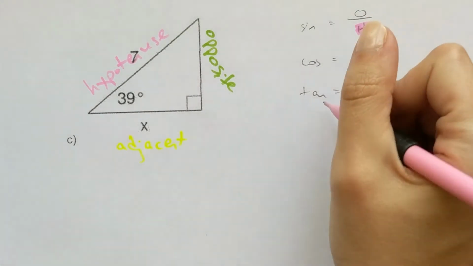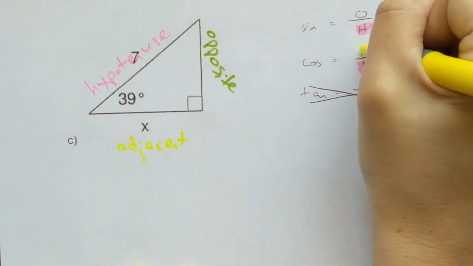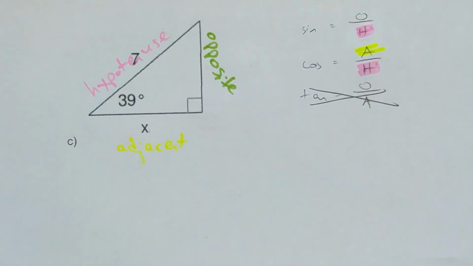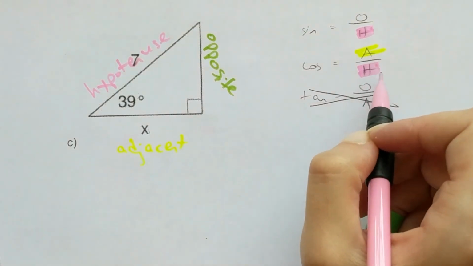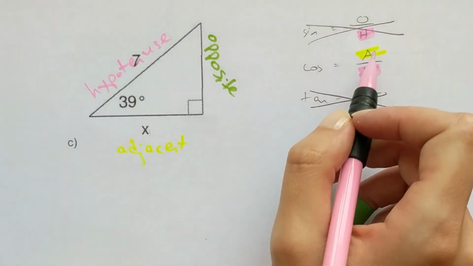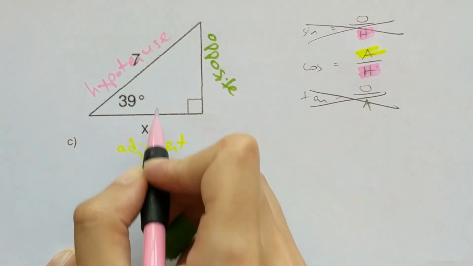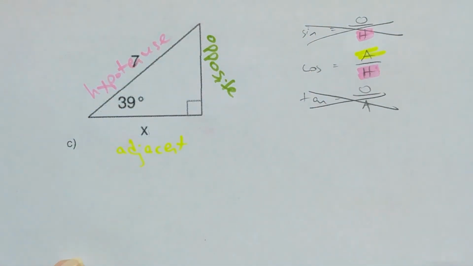Because there's no hypotenuse in tan, I can cross out tan. And I'm looking for a ratio that has adjacent, and our answer is going to be cosine. Cosine is our answer because it has adjacent and hypotenuse. I throw out the sine. Cosine is adjacent over hypotenuse because I need to find my adjacent and I have my hypotenuse.